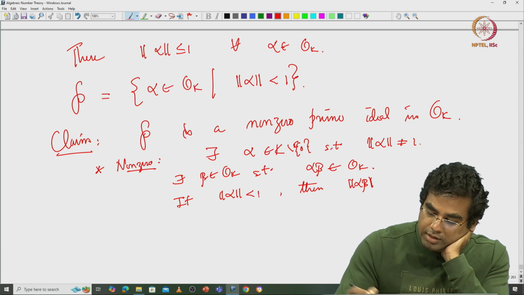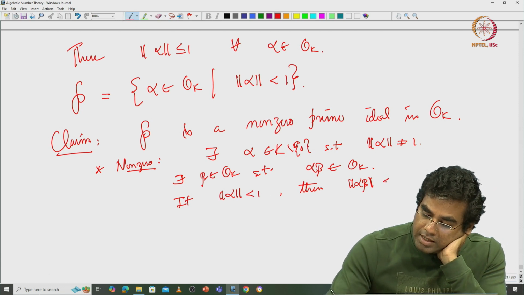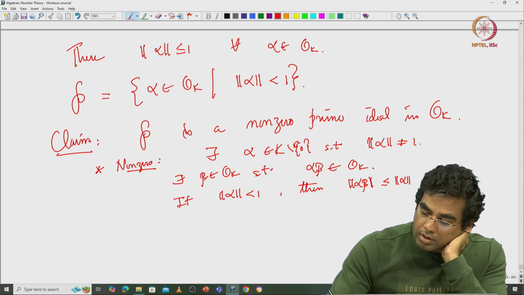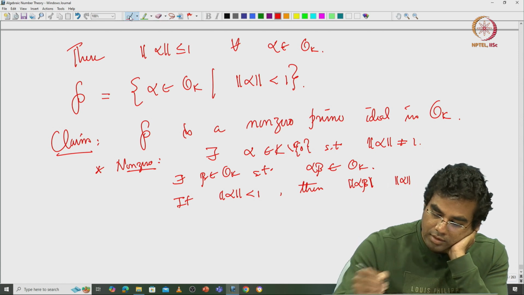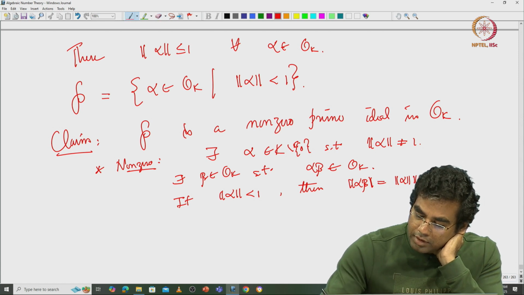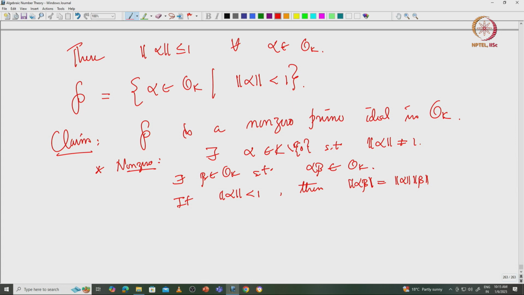Then this is equal to valuation of alpha times valuation of beta, but I know that valuation of beta is less than or equal to 1. So this is at most valuation of alpha, which is less than 1. So hence there exists alpha beta in OK such that valuation of alpha beta is less than 1.